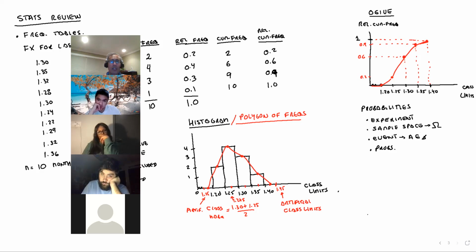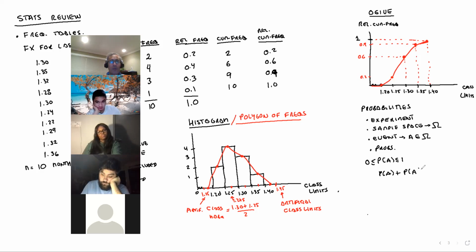My event belongs to omega, so this is simply a subset of the sample space, and I call this event A. So the probability of A, guys, is always going to be between what and what? Between 0 and 1, exactly.